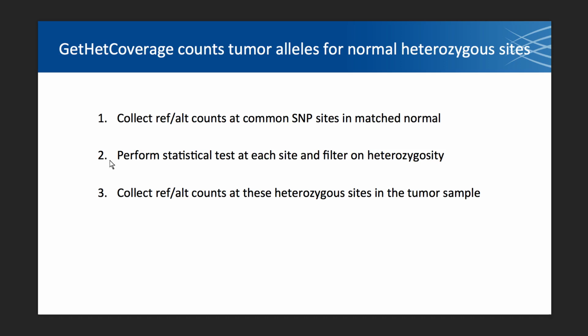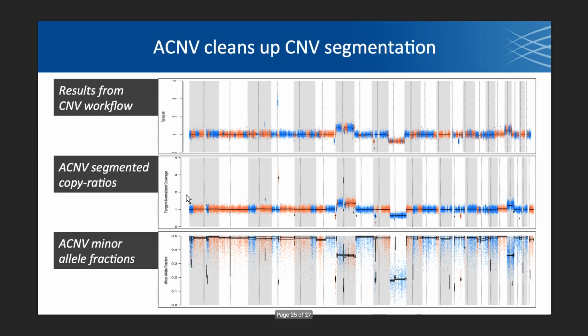And then you perform statistical tests at each site and filter on heterozygosity. You only want to have normal heterozygous sites that are fairly confident in terms of their heterozygosity. And then you take those sites and you look at them in the tumor and you collect ref and alt counts for the tumor sample at these sites. And I think you can understand how this works underneath the hood.